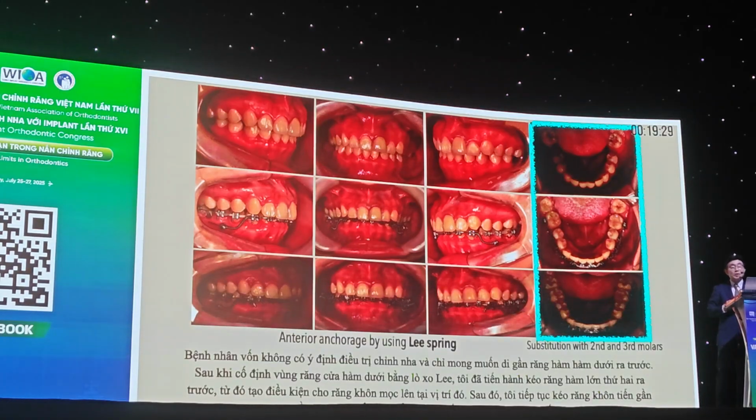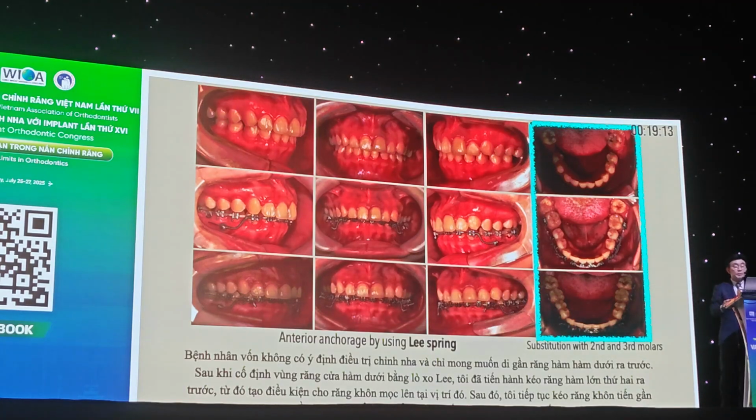After stabilizing the mandibular incisor region with the lead spring, I advanced the second molars, which allowed for the eruption of the third molar in that area. Subsequently, I advanced the third molar to replace the missing space of the first molar with the posterior teeth.